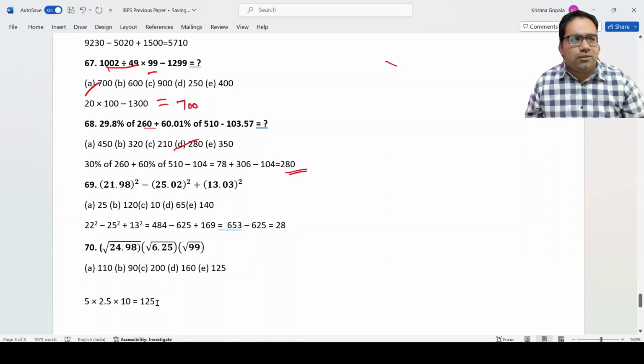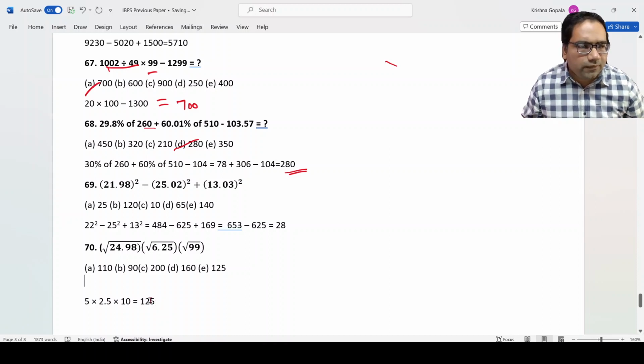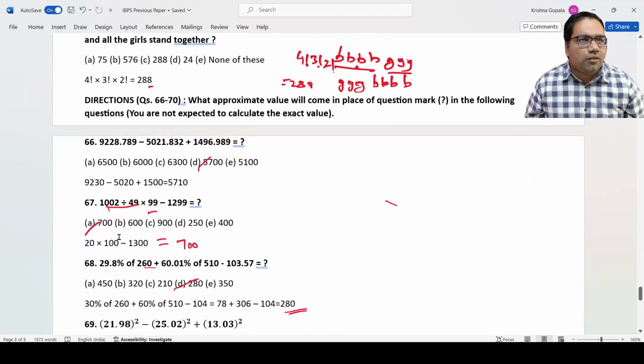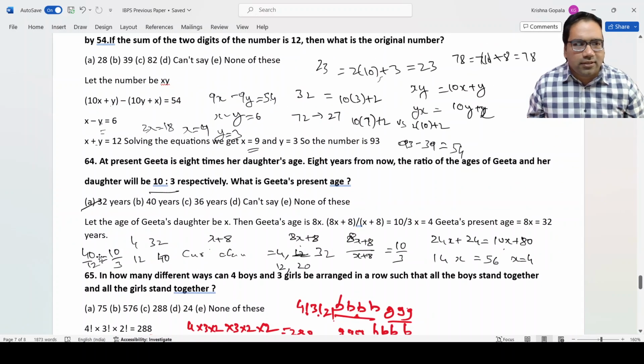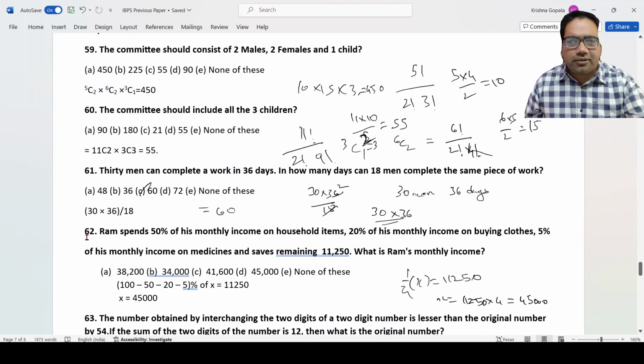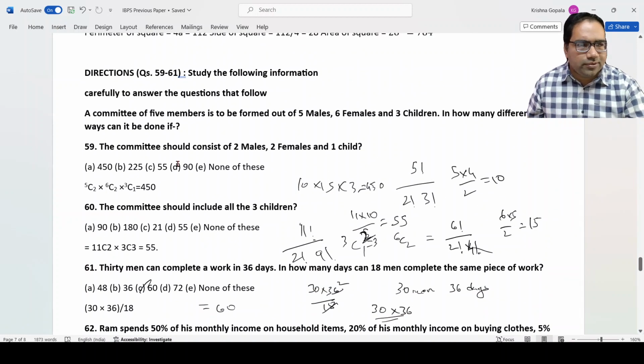This is equal to 125. Right? 50 into 2.5 is 125. See, these are all again very easy problems. In this entire series, the entire previous question paper, we did not come across many hard questions. All are easy questions only.